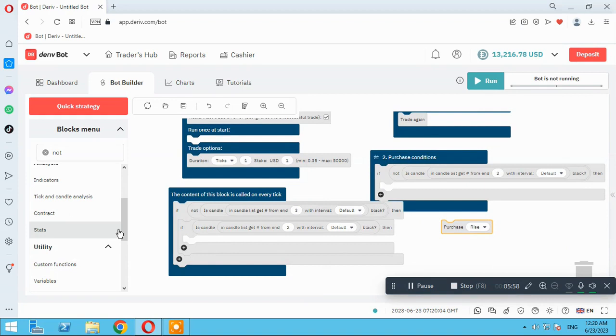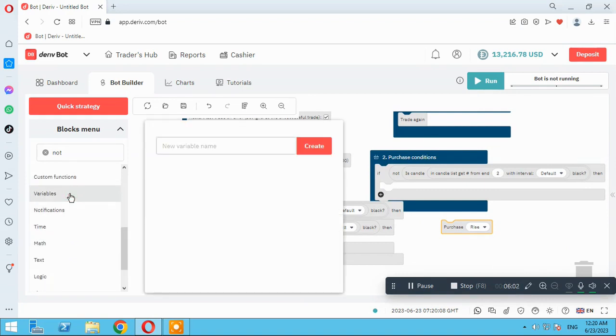So I need a variable that shows me virtual loss.